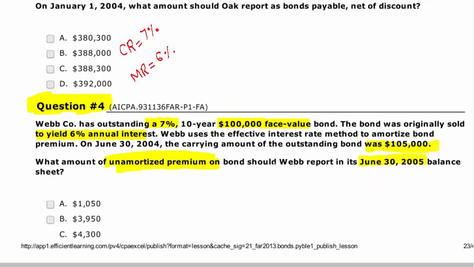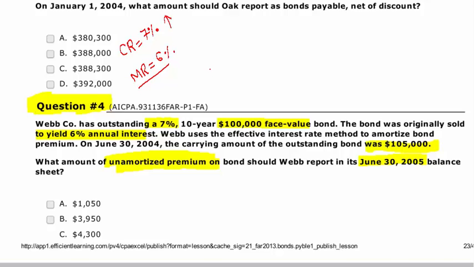In this problem, is the corporation issuing the bonds at a discount or premium? Yes, correct, the corporation is issuing at a premium, because the corporation is paying 7% interest, but the market yield is 6%. So the corporation is paying higher interest on the bonds, people are very interested in buying them, and automatically the demand is more.